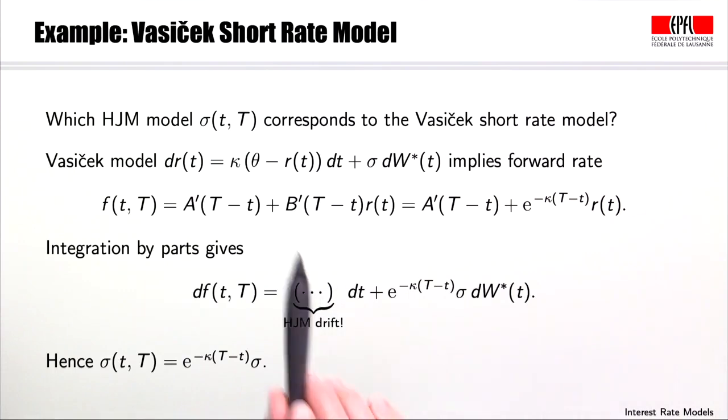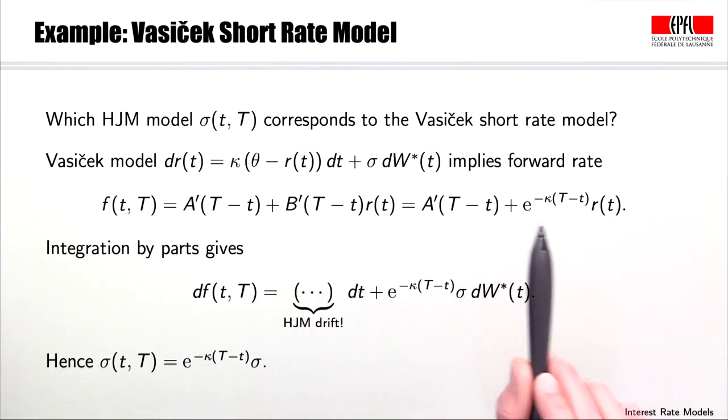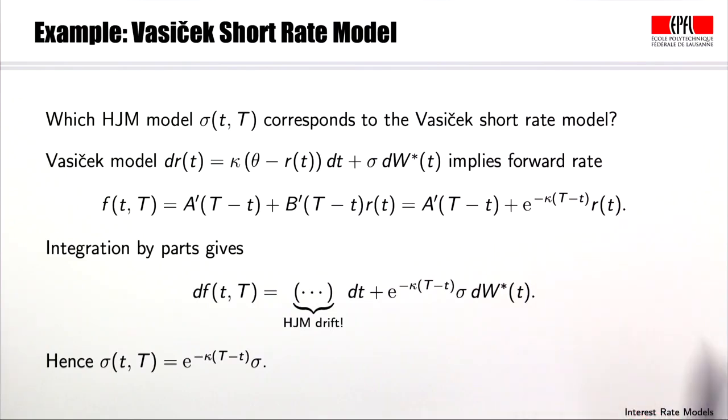The first order derivative of b is e to the minus kappa times (capital T minus small t). This is enough, applying integration by parts, to determine the martingale component of the forward rate dynamics, which is as shown here.